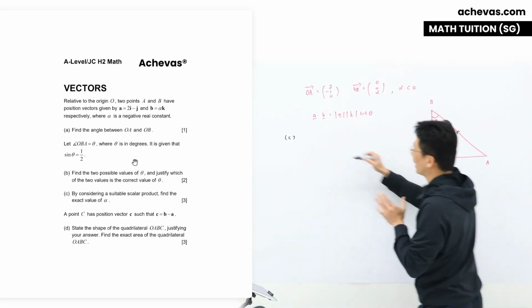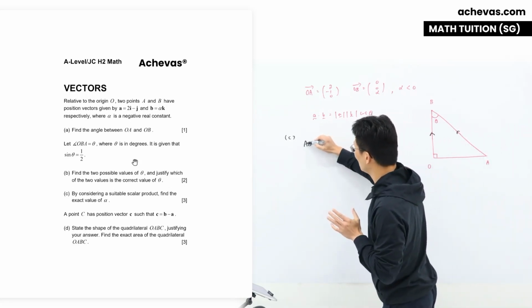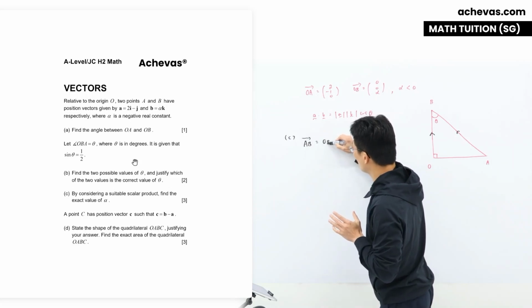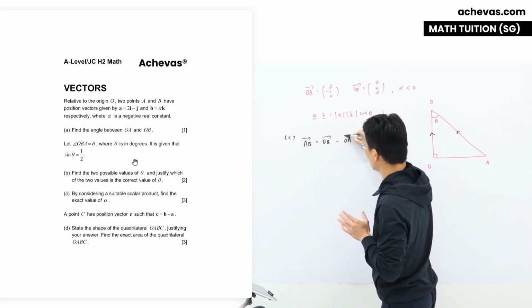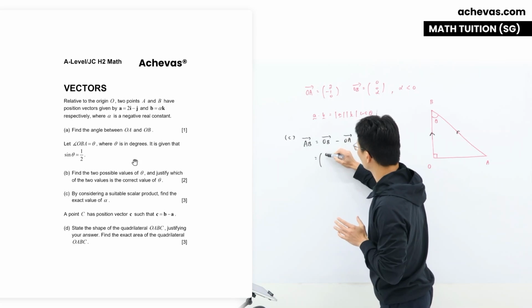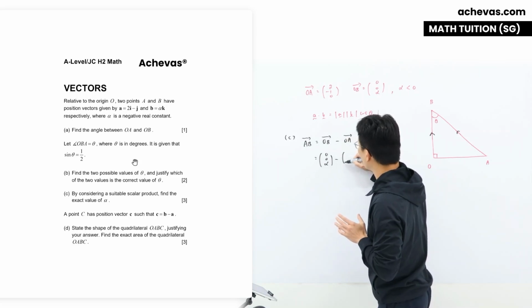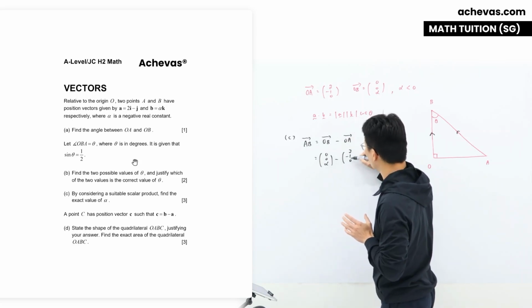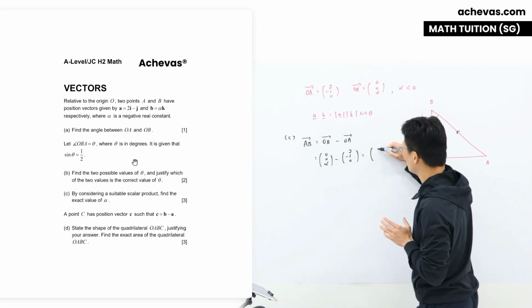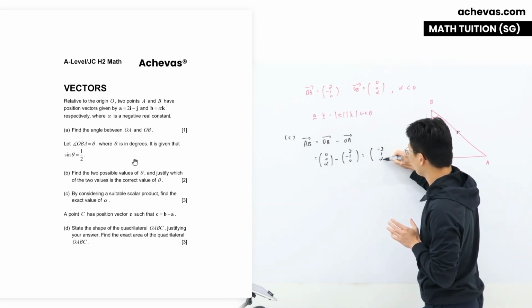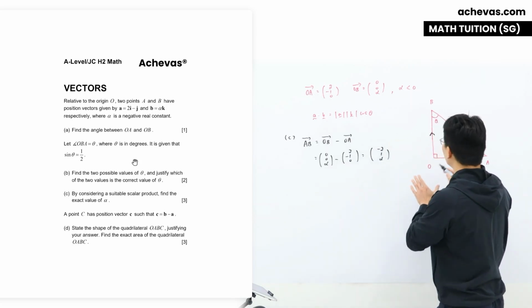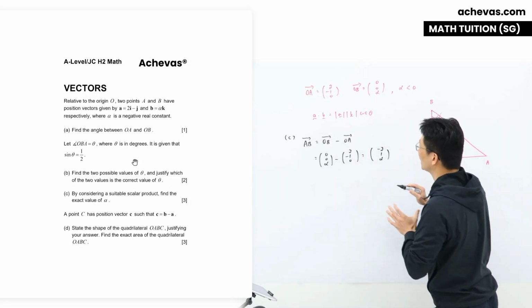Let us work out what AB is first. AB will just be equal to OB minus OA. OB is (0, 0, alpha), minus OA which is (2, minus 1, 0). This will give me (minus 2, 1, alpha). Let's plug this value into the formula.